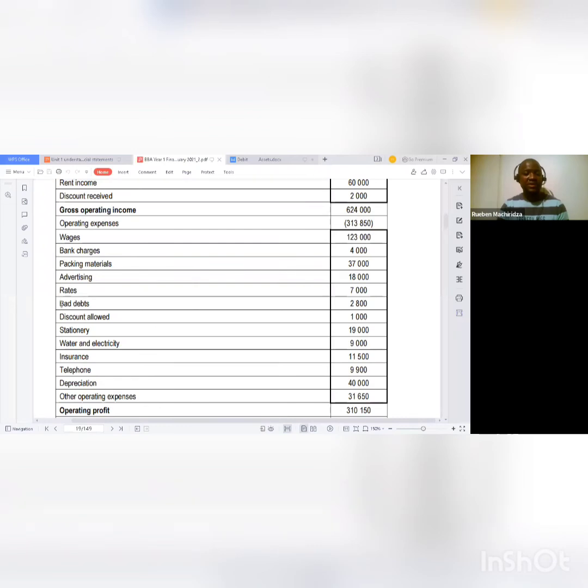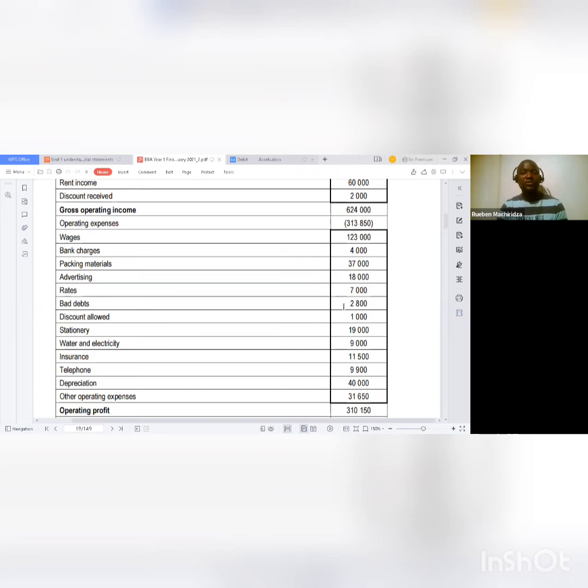We cannot recover that value. So automatically, we are the ones going to incur the expense. So we show that under the expenses section of the statement of comprehensive income, to say that we incur the bad debts of, in this instance, 2,800.